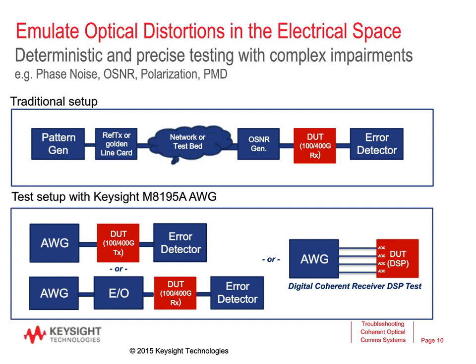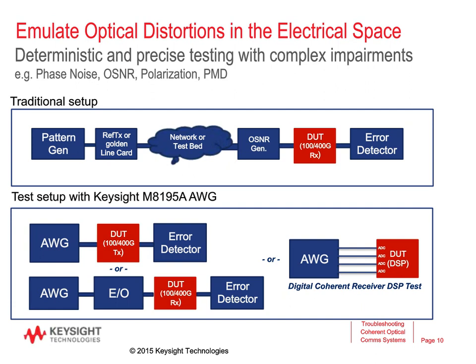And with that signal, you stimulate typically your device under test, and in an error detector connected to the output of the device under test, you start counting errors or you measure the behavior of that receiver under certain stress conditions. This is a rather complex setup and it's not really repeatable over time.